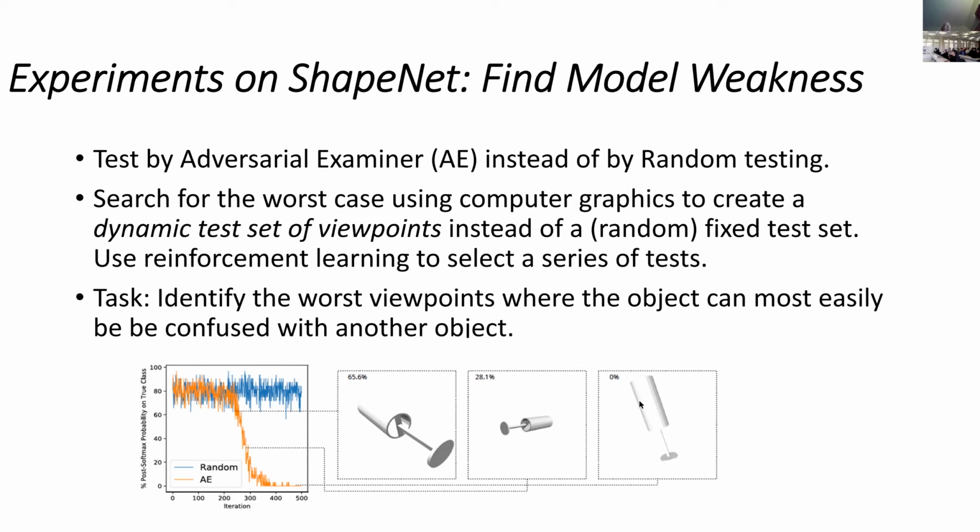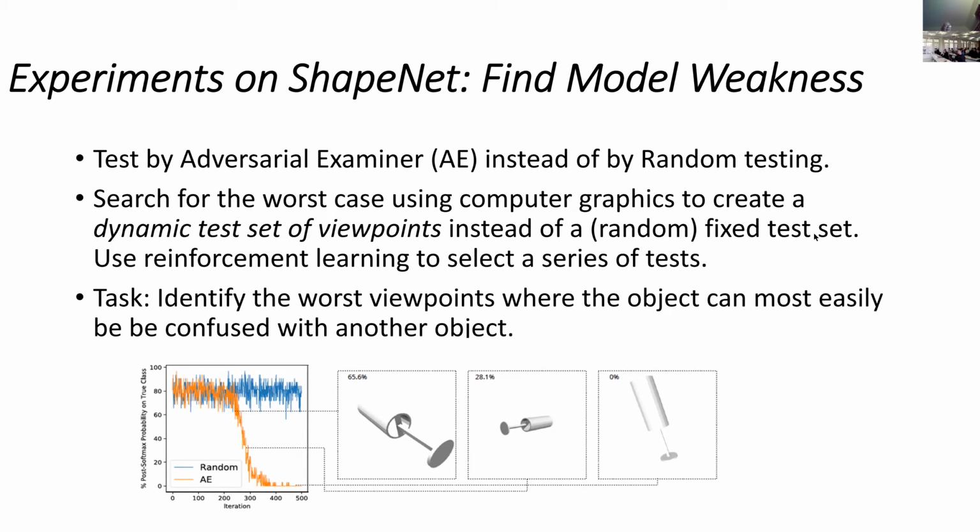Now, if you test it just by showing random samples of the object from different views, this is the performance in blue. You don't really realize that there are certain viewpoints for which this object is completely misclassified by the algorithm. On the other hand, the adversarial examiner, and there isn't really time to describe it in detail, creates a dynamic test set of viewpoints instead of a random fixed set.